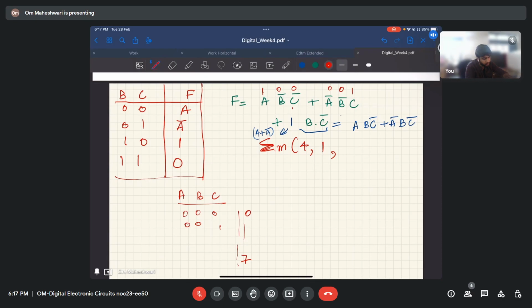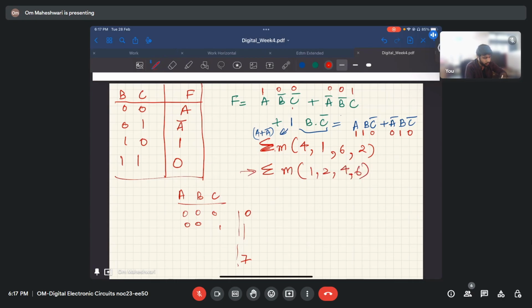This is actually 1 1 0 and 0 1 0. 1 1 0 is 6, 0 1 0 is 2. Okay, so I'll just rearrange them: 1, 2, 4 and 6.